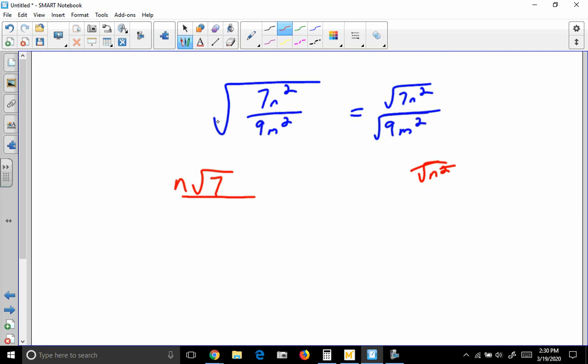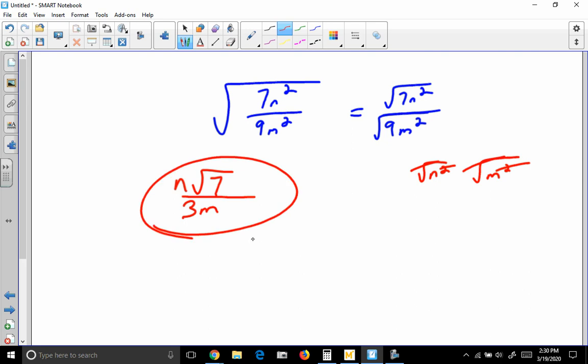On bottom, the square root of 9 is 3. And when we do the square root of m squared, we have 2 m's, so the square root and the square cancel, giving us an m. So for the numerator and denominator separately, we use the same principles that we did on reducing when we had a product. But if we have a fraction, we can do the top and bottom separately.